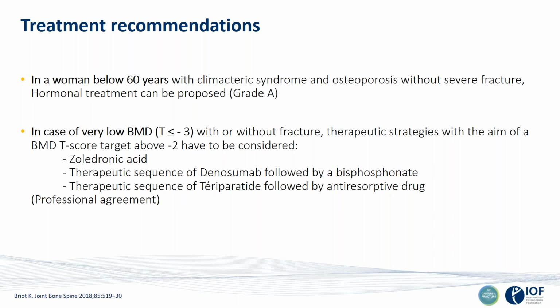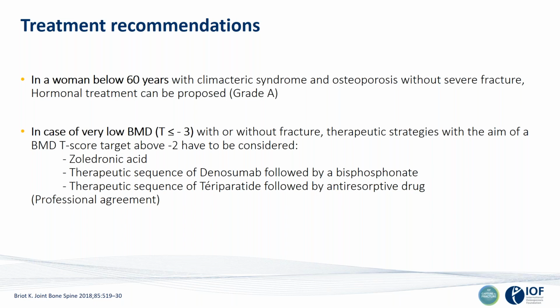If you start a treatment in a patient with a very low BMD below -3, then you have to consider if you can use sequential treatments that will help you to bring back the BMD above what you could define as a treatment target that is above -2 in our guideline.